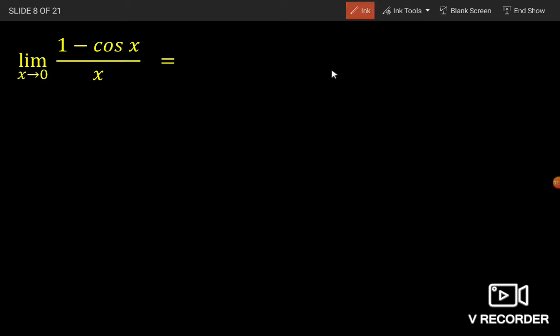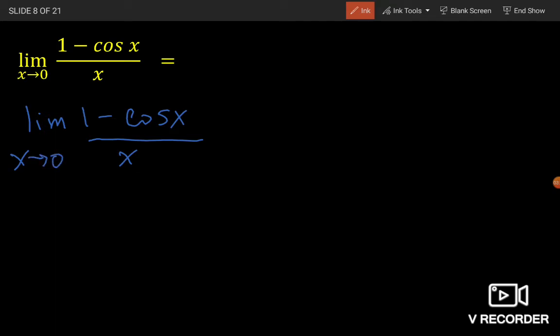Another basic trigonometric limit is the limit of 1 minus cosine x over x as x approaches 0. So in this case, let me write it down. Limit of 1 minus cosine of x over x as x approaches 0.